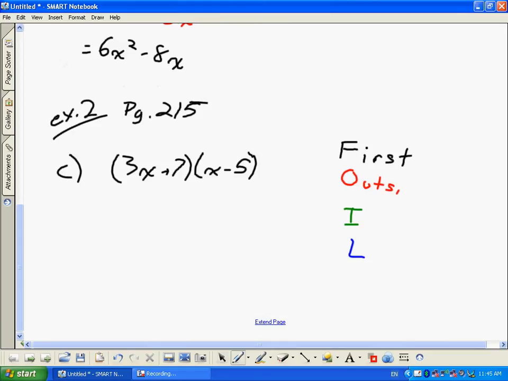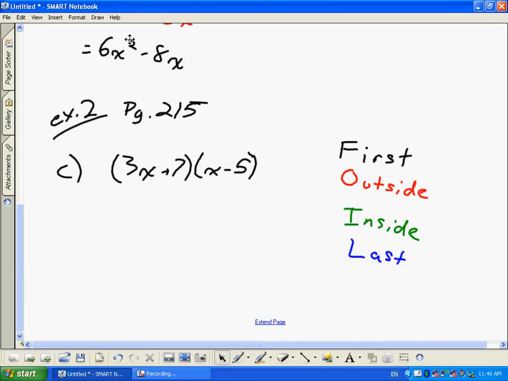O is outside. I is inside. And L is last. Okay, we call it FOIL, F-O-I-L. It's an acronym for these terms. When referring to this, it's telling you what order to multiply numbers by.